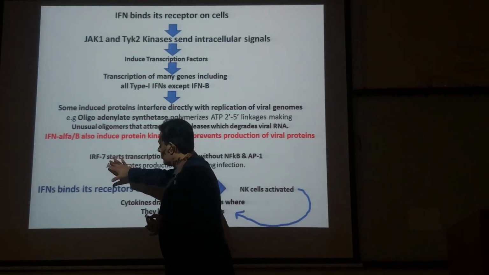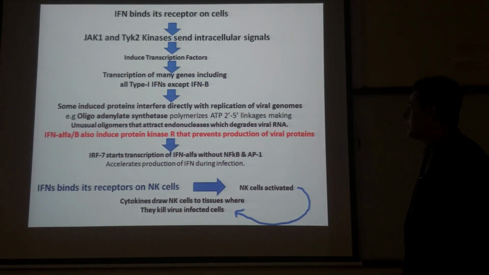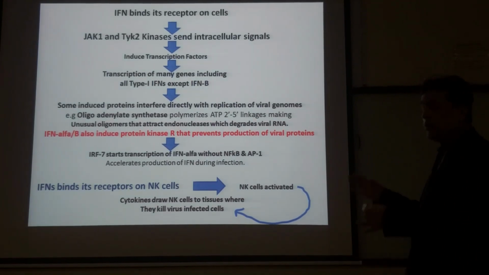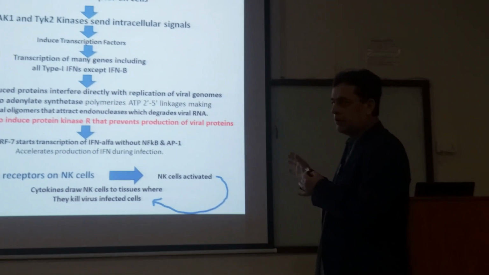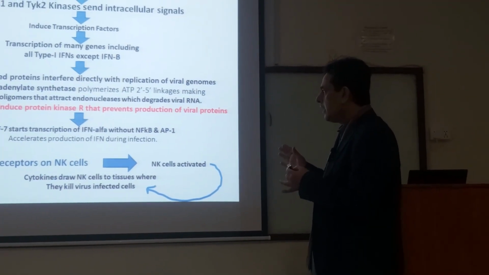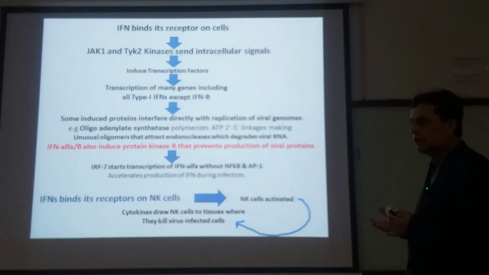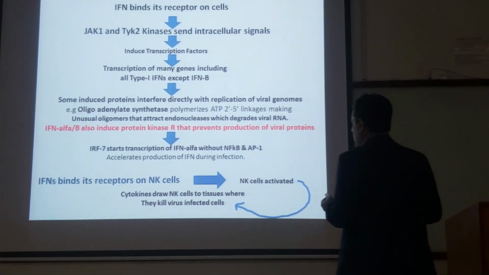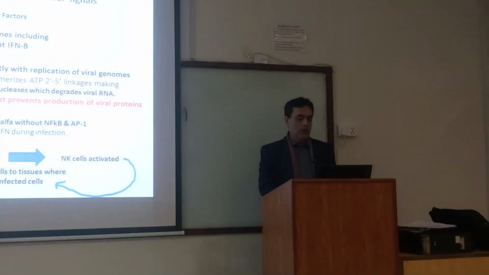Now, interferon response factor 7 can start the transcription of interferon alpha without NF-kappa B and AP1, and this accelerates production of the interferon during infection. More interferons are needed during infections, and it is achieved with the help of this particular factor.